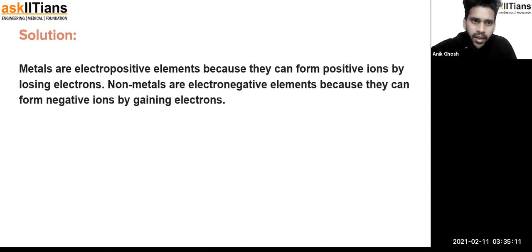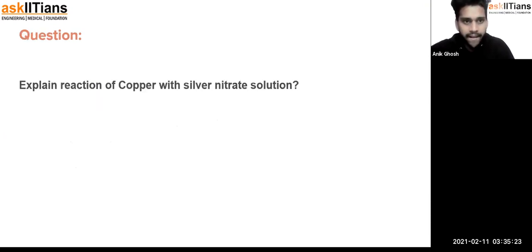Metals are electropositive because they can form positive ions by losing electrons, right? Non-metals are electronegative because they can accept electrons.